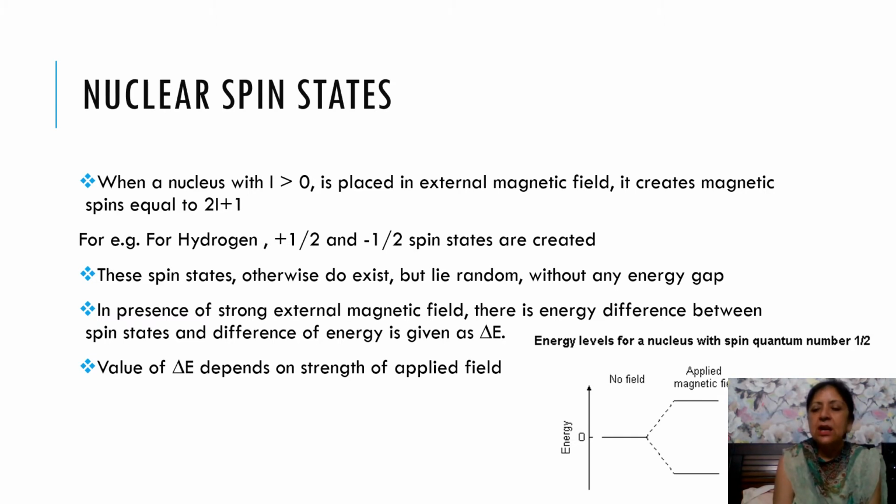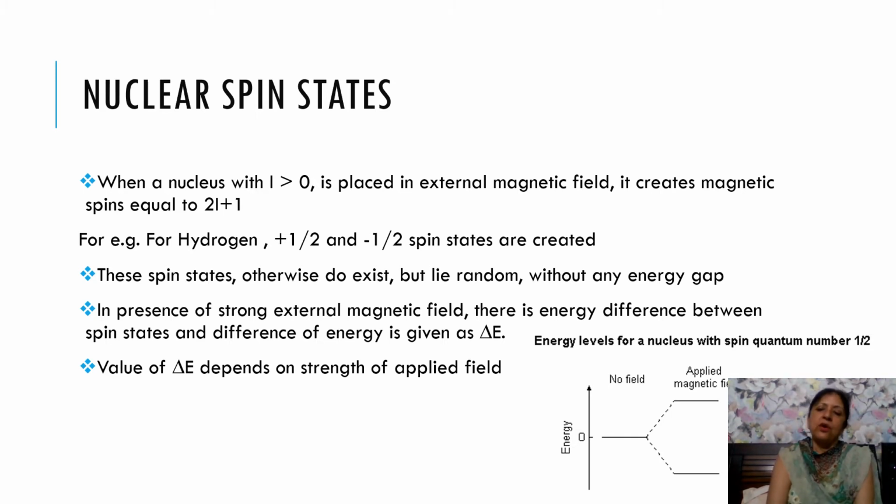For example, for hydrogen, I is 1/2, so two spin states are created. 2I plus 1 comes out to be 2, and these are denoted as plus half and minus half.